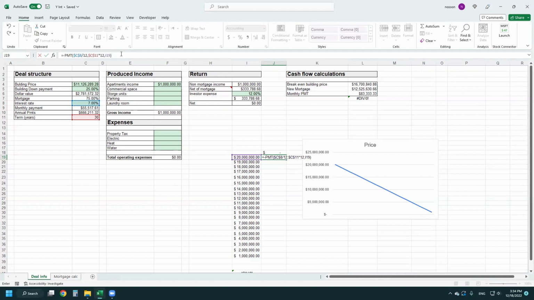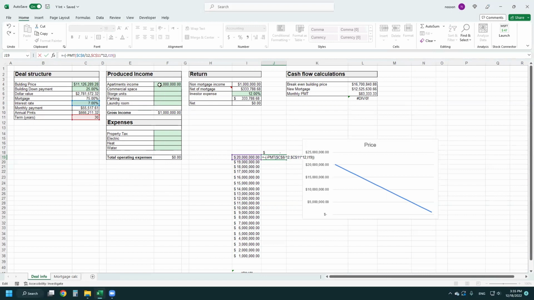Okay, next. That's our payment. Now we want to subtract our payment. We could just leave it as a positive to make it a negative, but I want to duplicate it so it's more obvious that it's a negative.